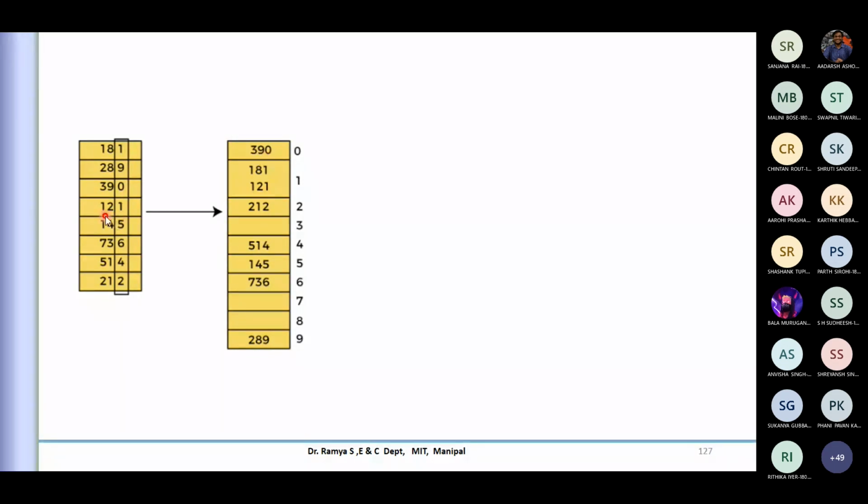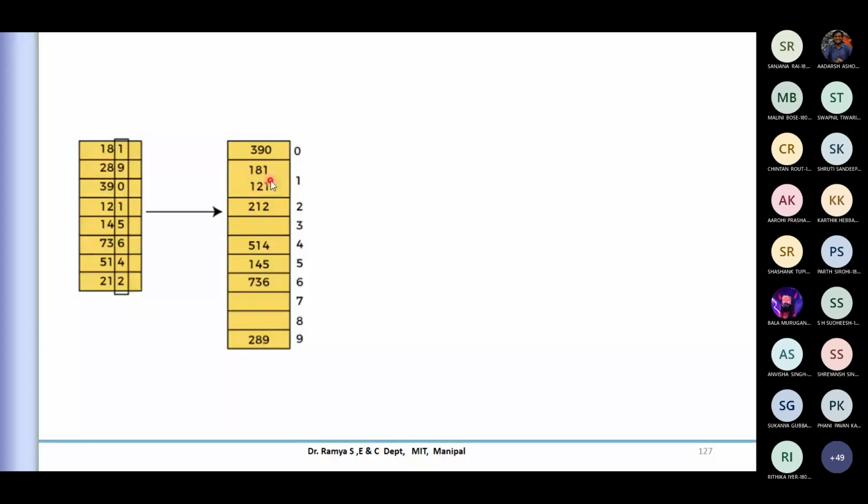Then 121. If you observe here, 181 is already placed, and 121 comes after it in the same bucket. There is no ordering between them; the order is just as they occur.